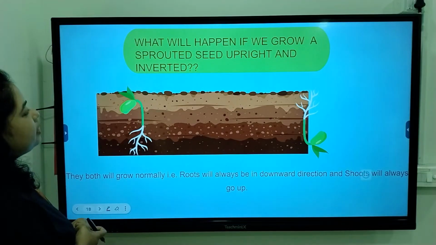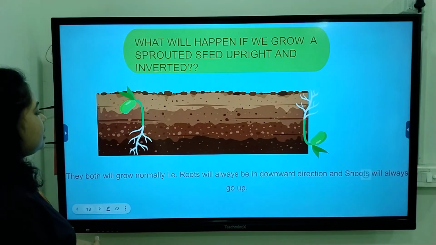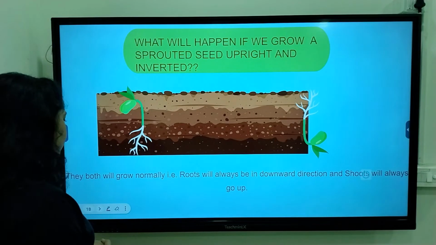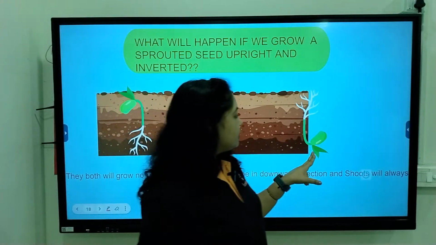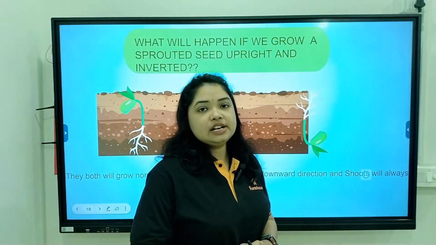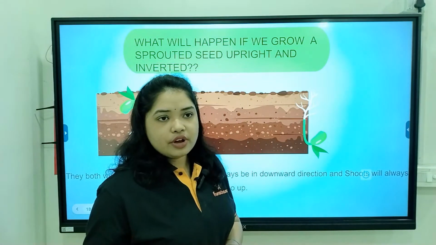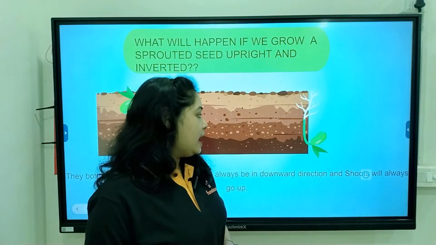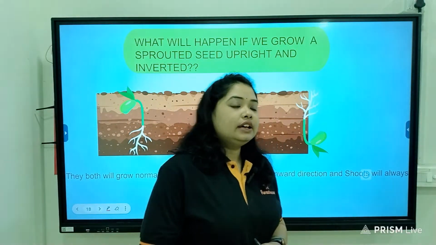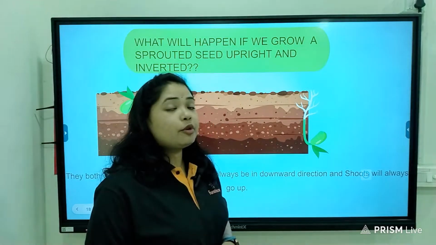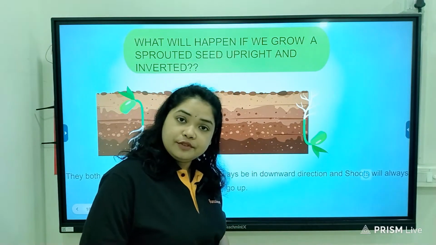Now what will happen if we grow a sprouted seed upright and inverted? That means after the seed germination, when the embryo has formed the seedling, we invert it. Again they will show the property of response to stimuli.